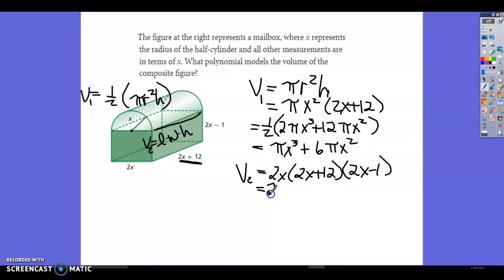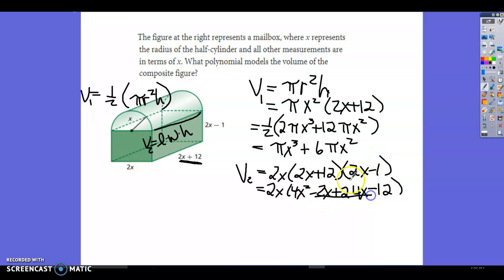So I'm just going to bring down my 2x so I can multiply the two larger terms first. So I'm going to have 2x times 2x is 4x squared. 2x times negative 1 is negative 2x. 12 times 2 is 24x. And then 12 times negative 1 is negative 12.